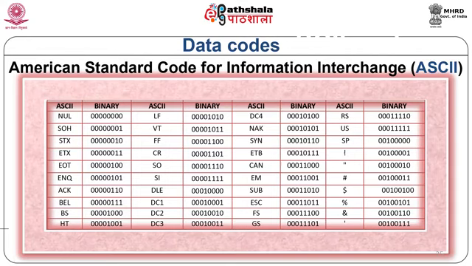The first 32 values, character code 0 to 31, are non-printing control characters such as NUL, which stands for null character, STX for start of text, ETX for end of text, LF line feed, DLE data link escape, US unit separator, CR carriage return, file separator FS, GS for group separator, CAN for cancel, SUB for substitute, ESC for escape, etc. Most of these are used to control peripherals such as printers.